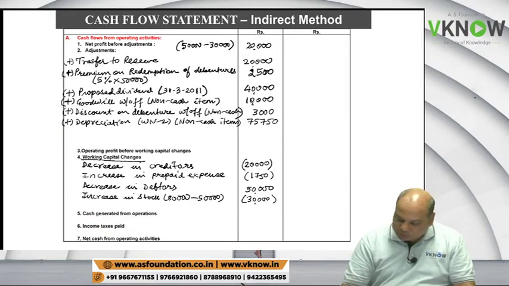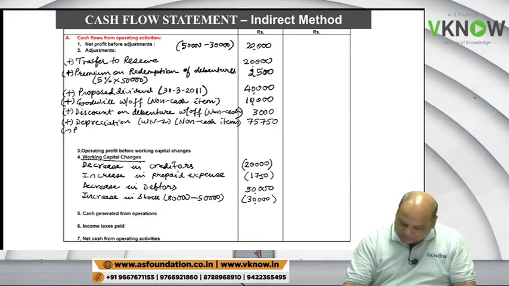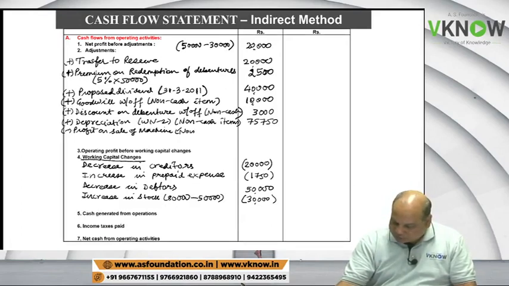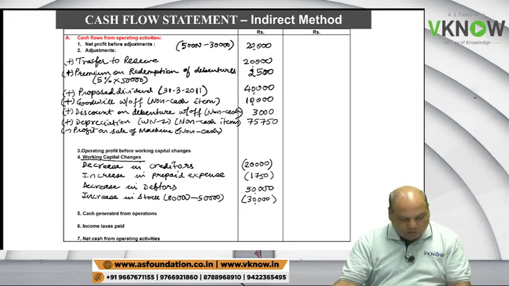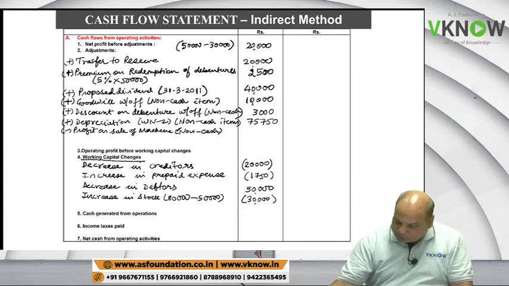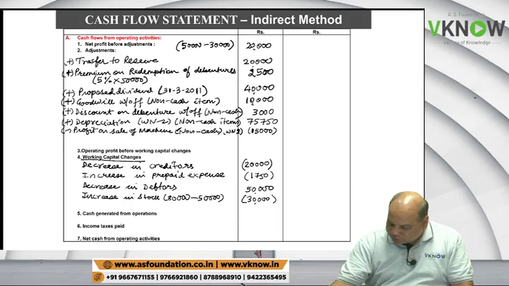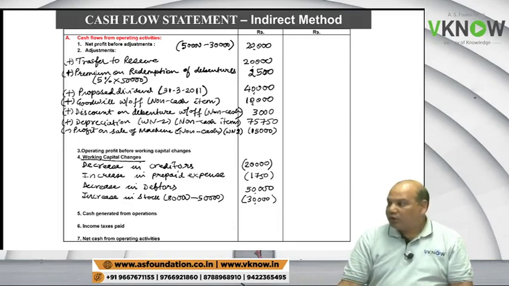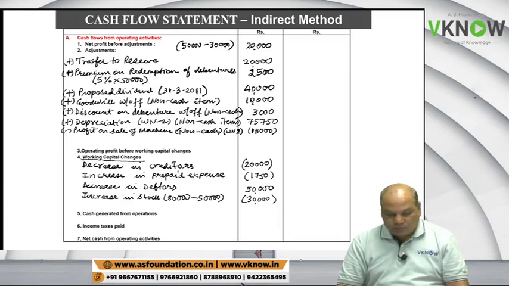And then you write down in adjustment less profit on sale of machine, in bracket non-cash item. Why we are adjusting non-cash item? And how much was the amount involved here? The amount was 15,000. If you have space, write working note number 2.